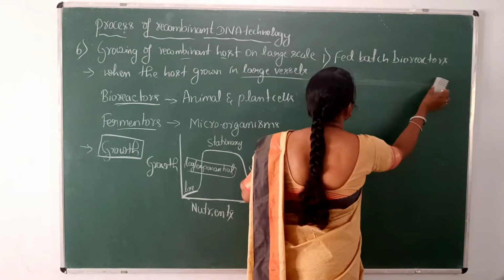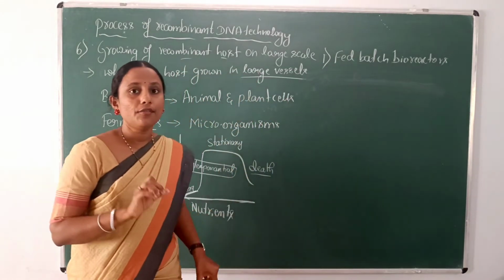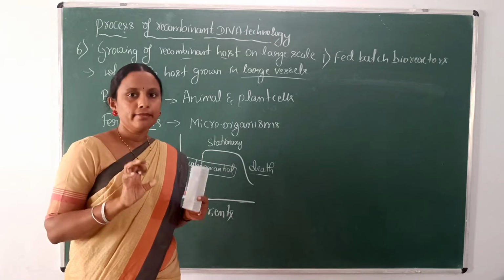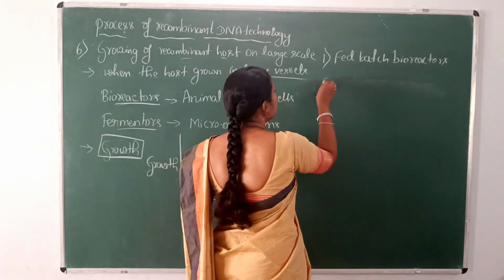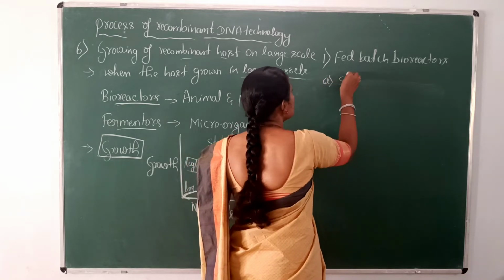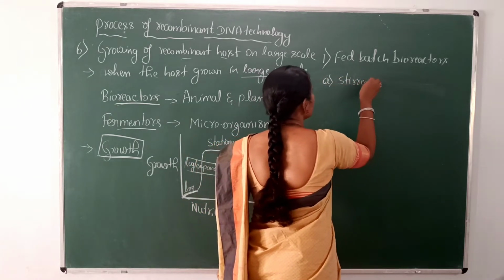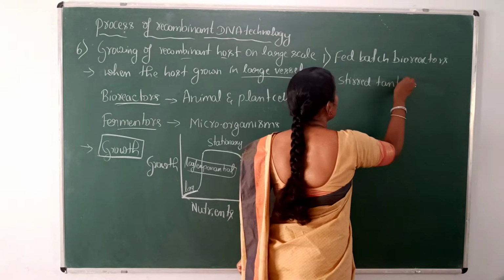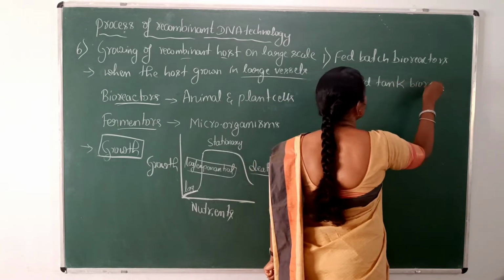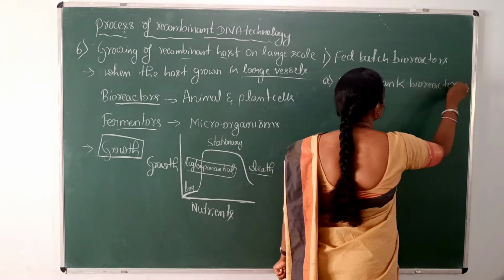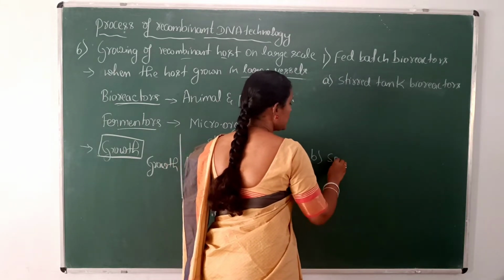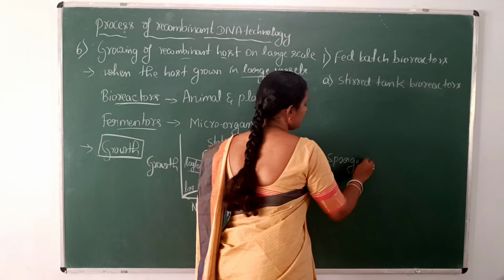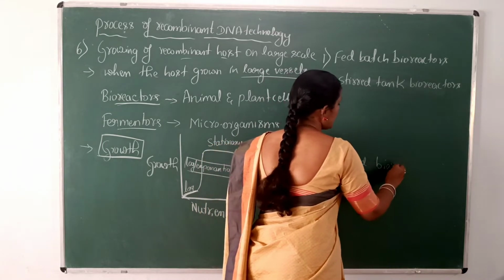The first type of bioreactors are fed batch bioreactors, and in that there are two types. One is stirred tank bioreactors, and the second one is sparged bioreactors.